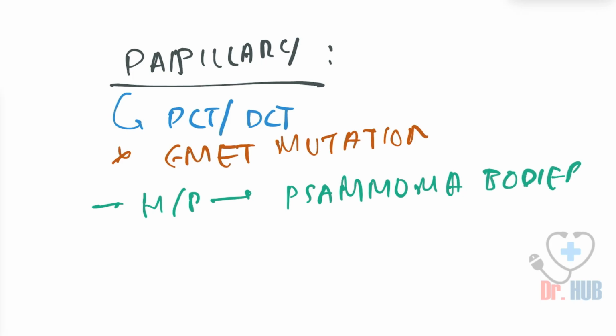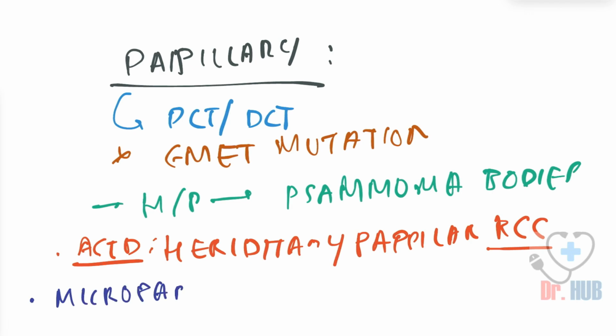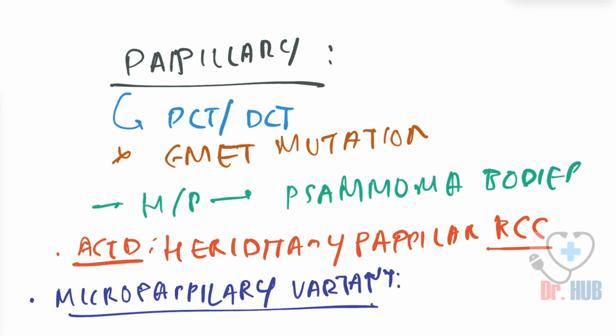Another thing to note is that it is associated with hereditary papillary renal cell carcinoma, and there is also the micropapillary variant. This micropapillary variant is associated with long-term dialysis.